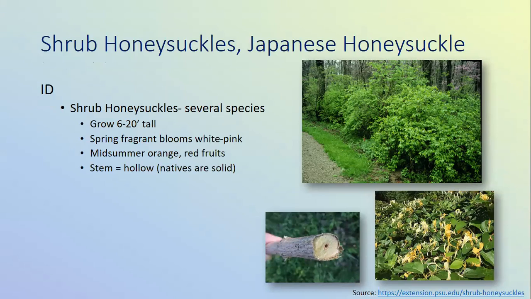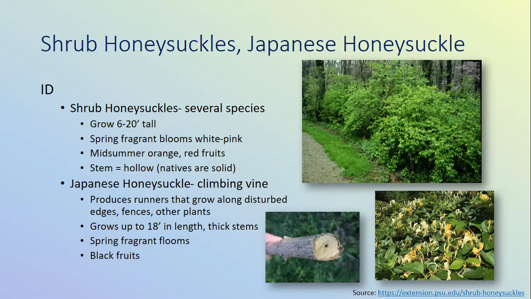They will grow between 6 and 20 feet tall, and they have very fragrant blooms, which is why everyone loves a honeysuckle. When they bloom, they do smell quite beautiful. In the midsummer, they'll get these orange to reddish fruits, depending on the species. And if it's an invasive species, the stems tend to be hollow, whereas a native honeysuckle tends to be solid.